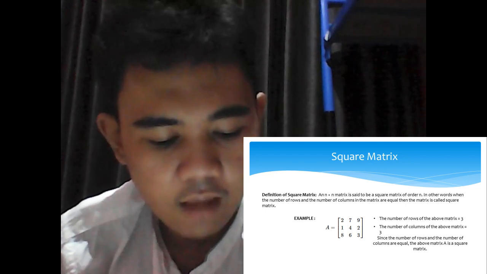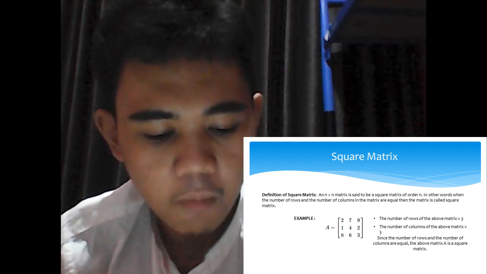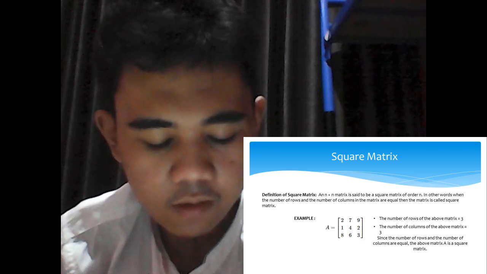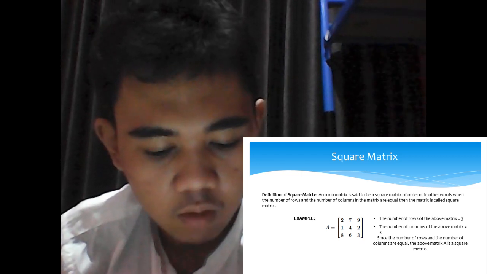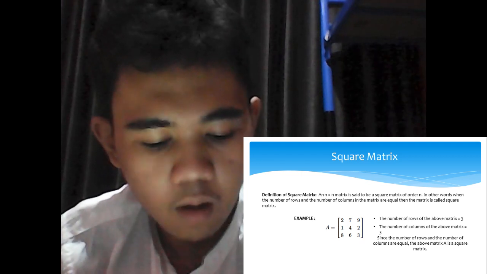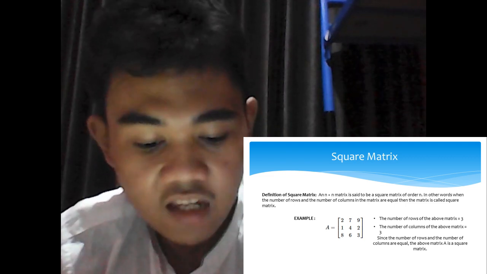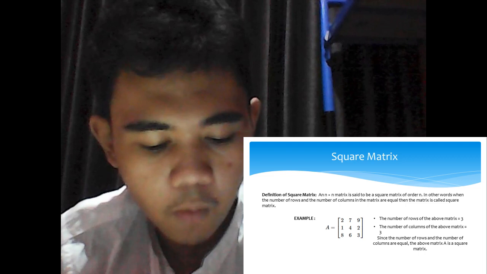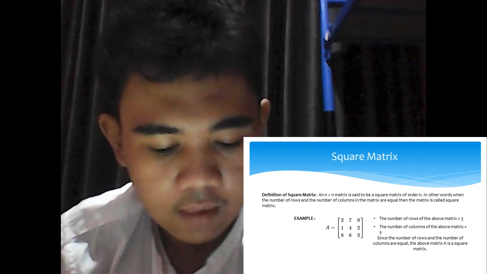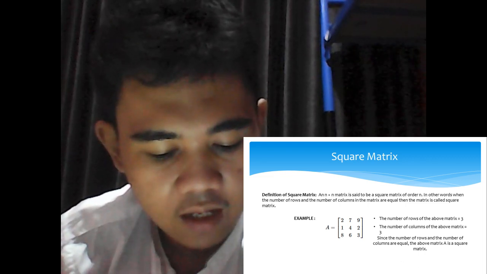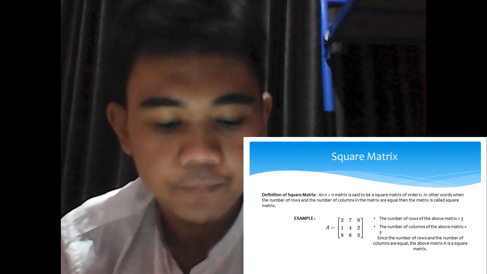In the example, the number of rows of the matrix is 3 and the number of columns is 3 too. Since they are equal, matrix A is a square matrix. So that's matrix inversion.